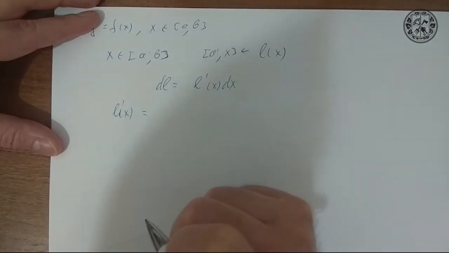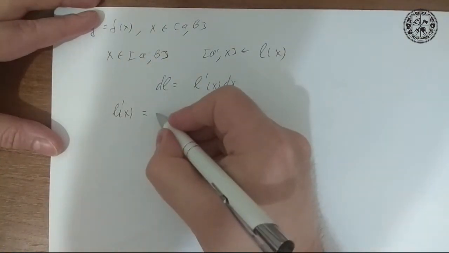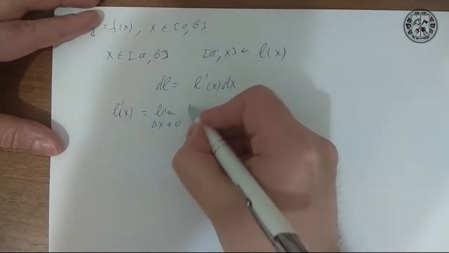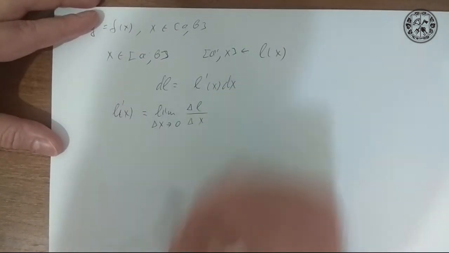Now we get L prime of x. Using the definition of the derivative, we get limit delta x to 0 of delta L over delta x.